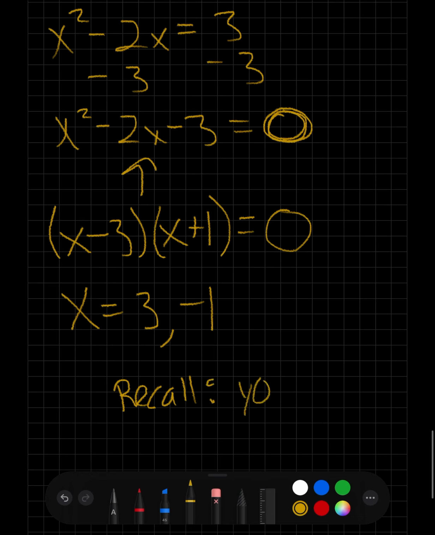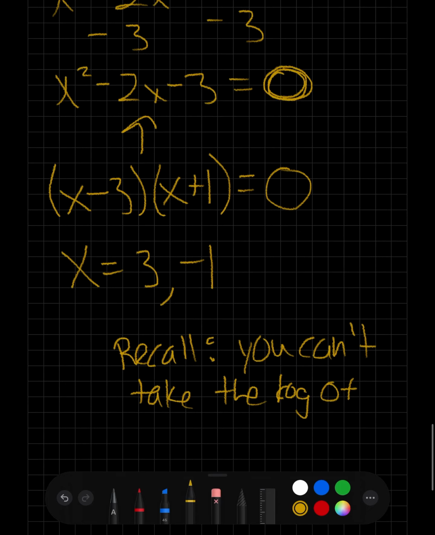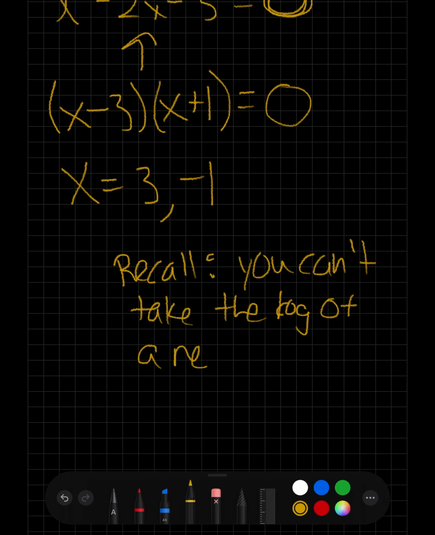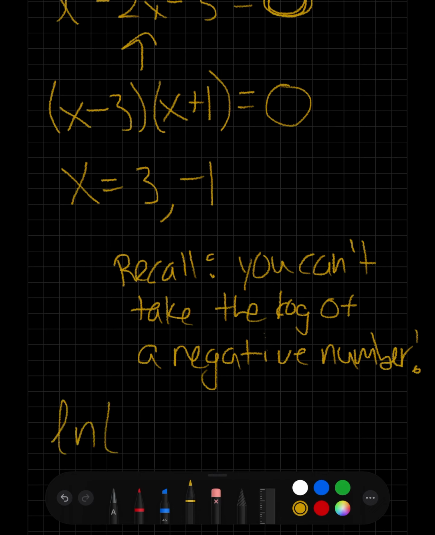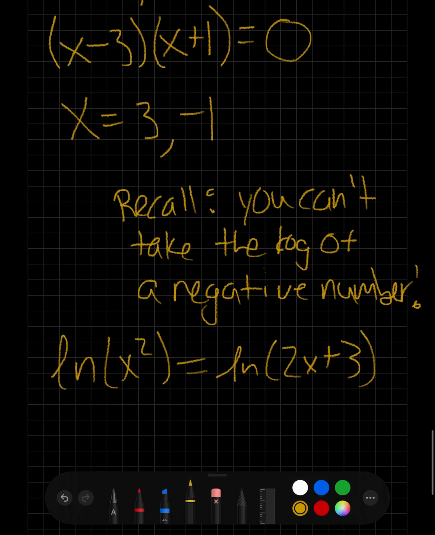Because remember, I want you to recall, you can't take the log of a negative number. It doesn't exist. There's no solution. So what we have to do is look at our original equation, ln of x squared equals the ln of 2x plus 3.